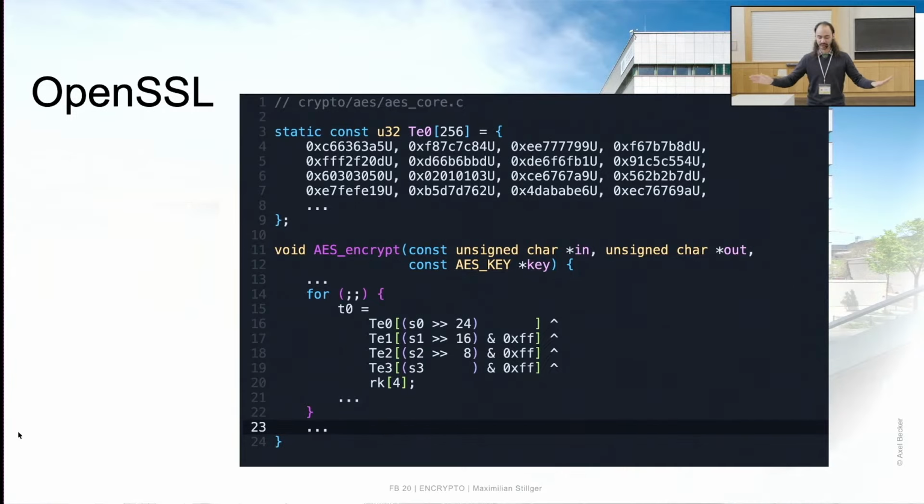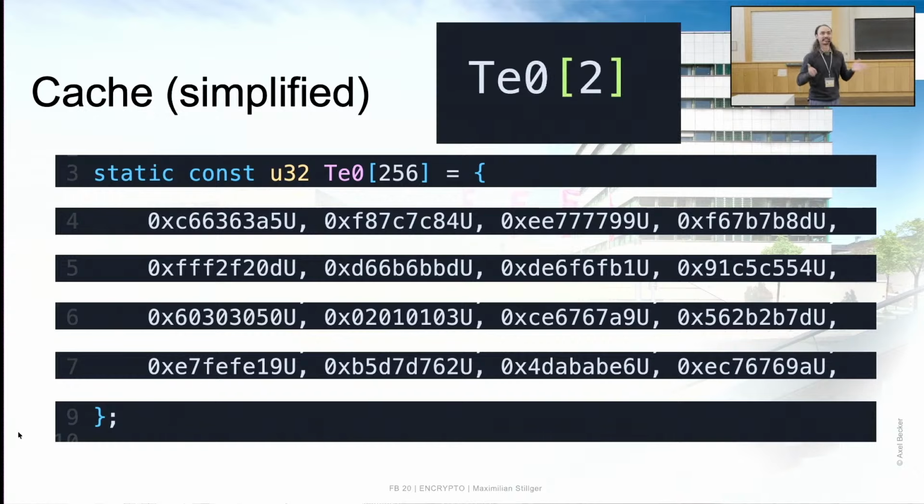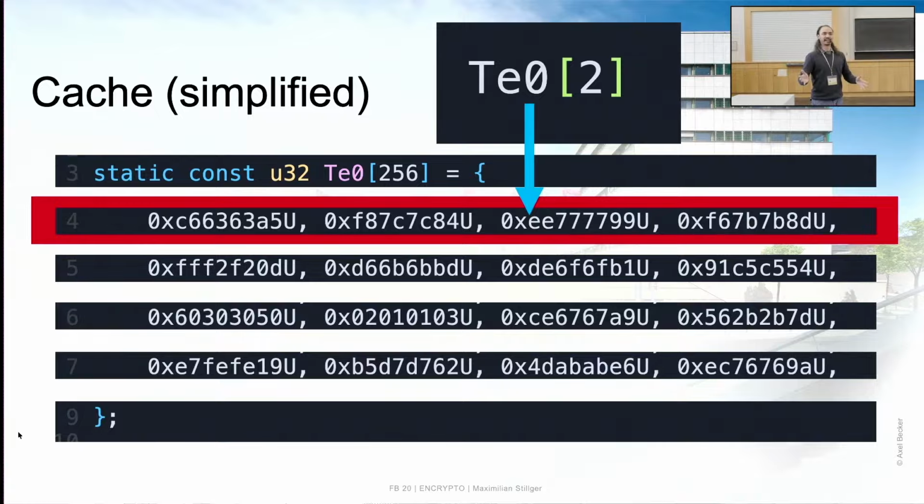But if we index into this array, for example with the index 2, like we access the index 2 of this TE0 array, remember how memory works. We always load the whole cache line into the CPU cache. And once the whole cache line is loaded, the CPU won't just throw it away, because maybe it will be used later on. That's the whole point of the cache.